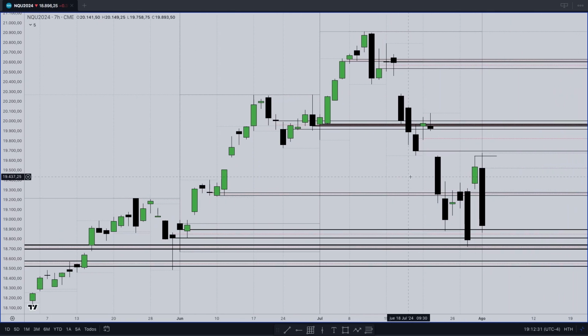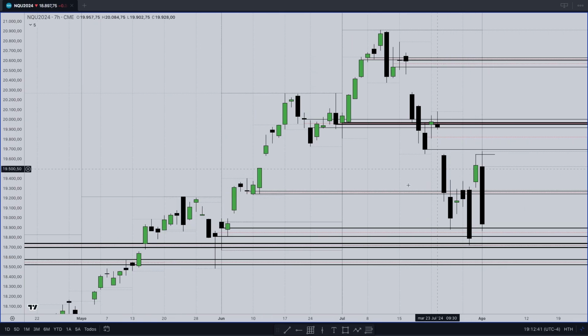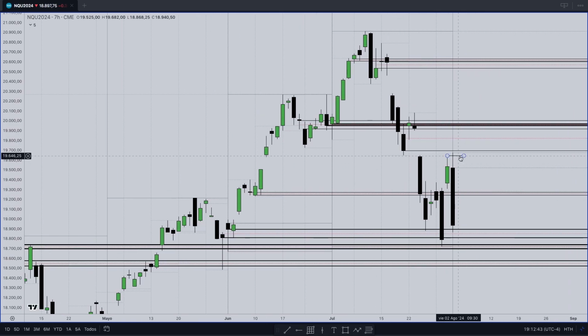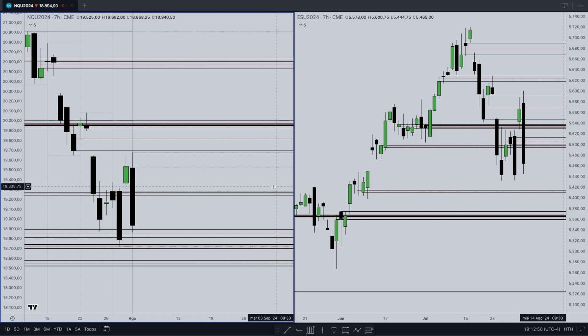This is not how it works. We have to respect these gaps first and invalidate them with a body and with narrative and SMTs and many things.